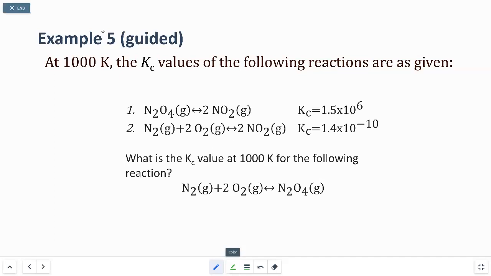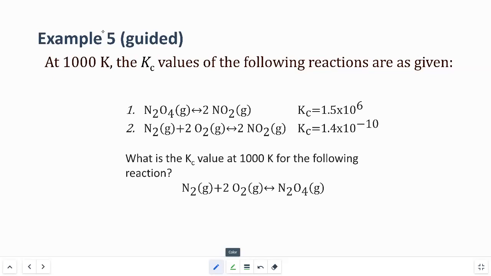So let's look at a question like this then. At 1000 degrees, the Kc values for the following reactions are given as follows. What is the Kc value at 1000 Kelvin for this reaction? So this is not as easy as just adding together those two equations and getting to the end result.